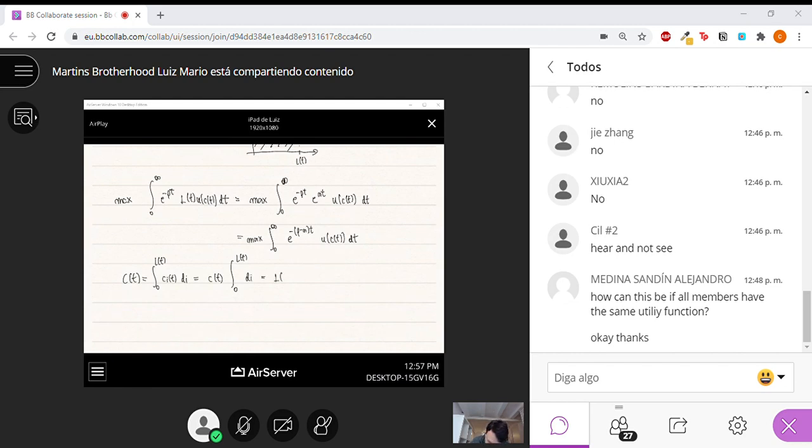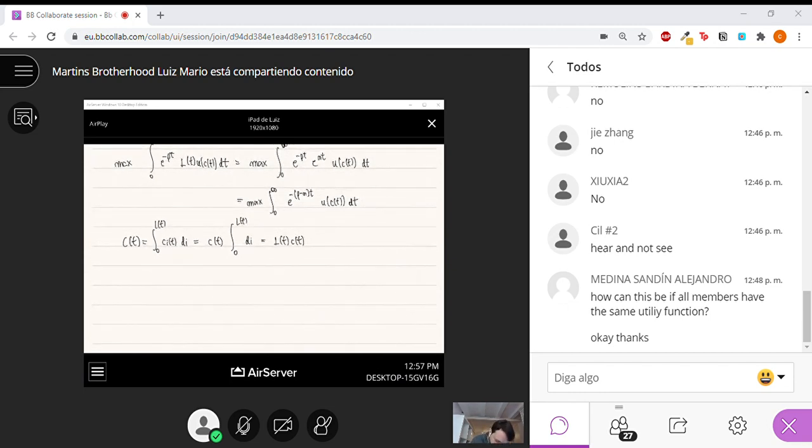Which is big LT times small c, and then the budget constraint. This item only asks us to get rid of the big C, so we can just write the aggregate budget constraint in terms of aggregate, not in terms of per capita. And that's the answer, okay?